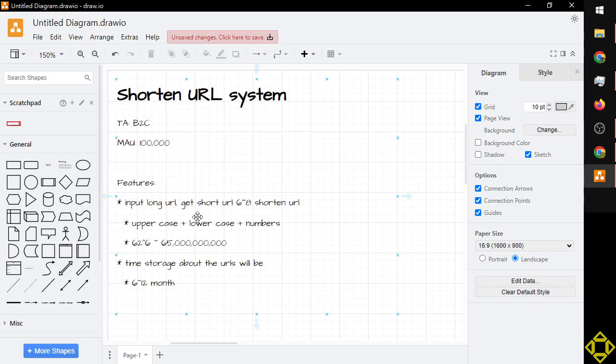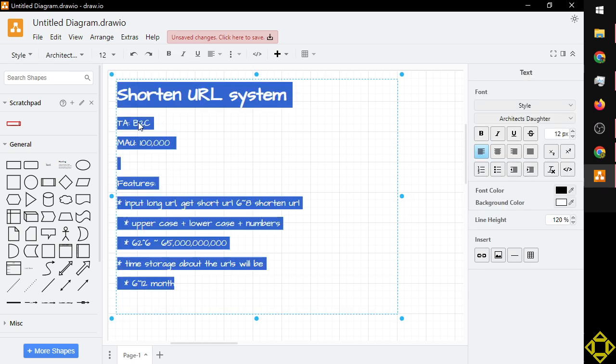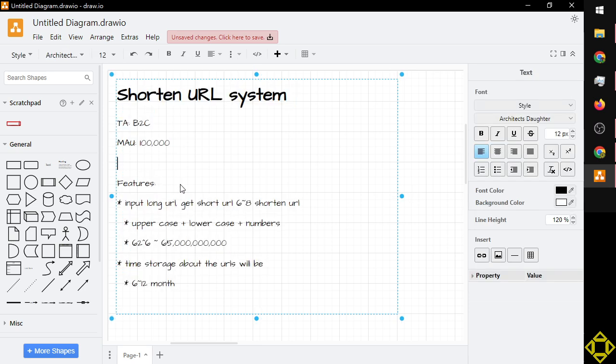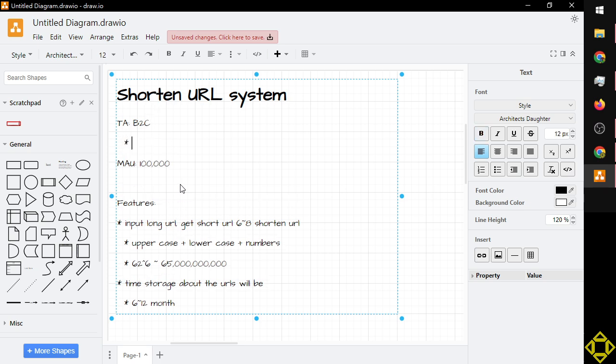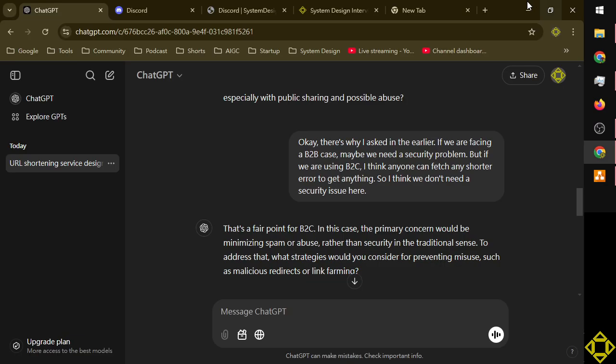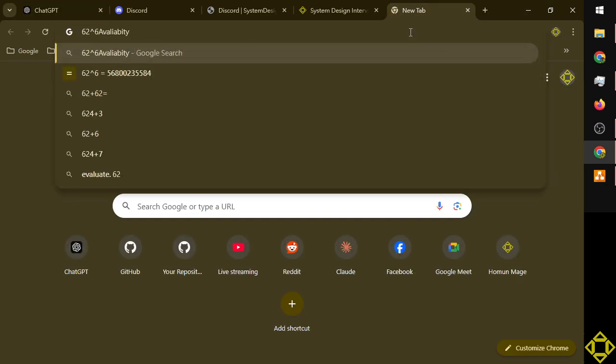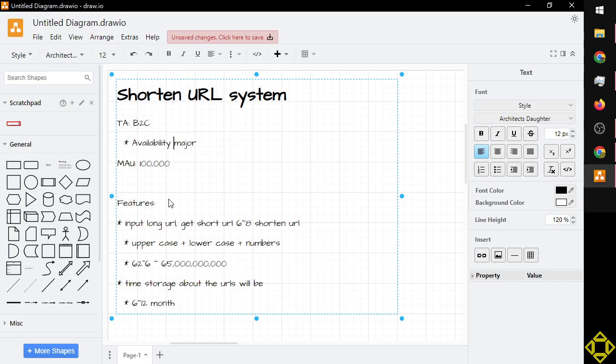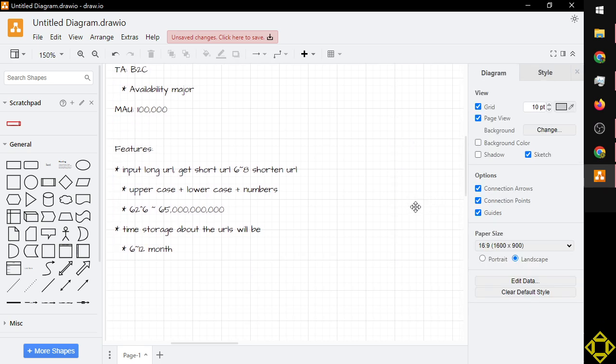Okay, and also, because we care about it being B2C, this system will have availability as a major concern. So what's the availability? Okay, this will be the availability measure.